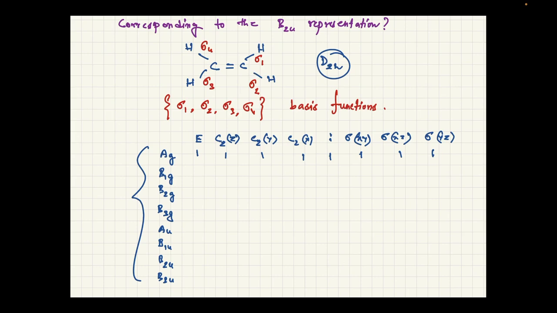If a basis alters its position under a symmetry operation, then that basis will not contribute to the diagonal term, so it will not contribute to the character of the reducible representation.